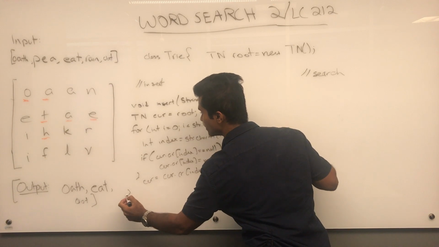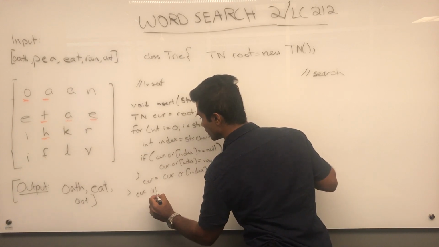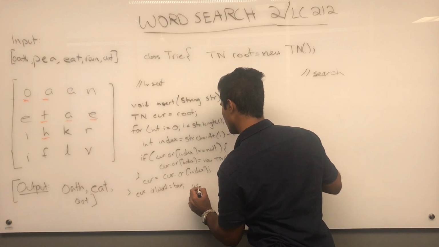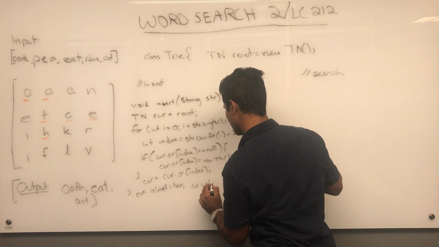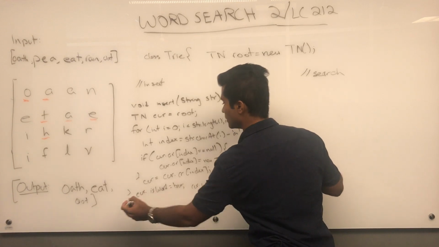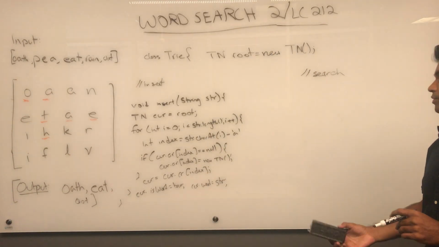And once we're at the end, all we have to do is say cur.isWord is true, and cur.word is going to be str. That's how we insert a string.